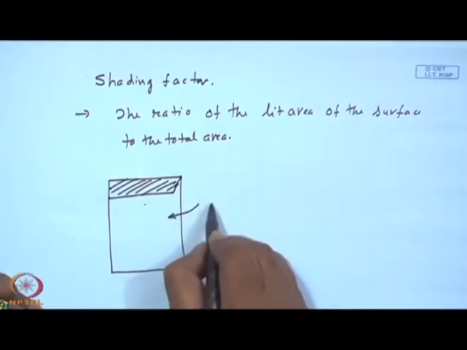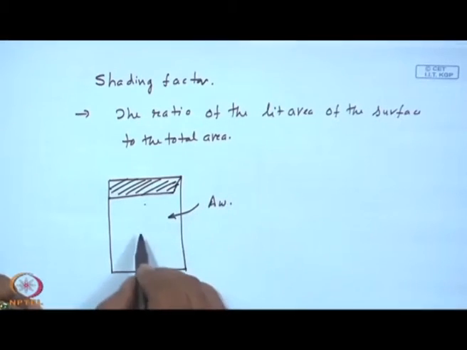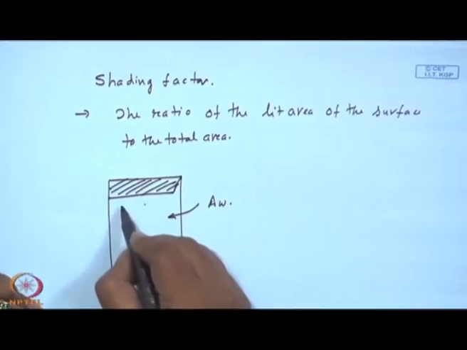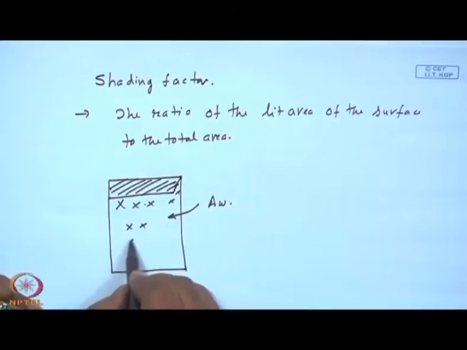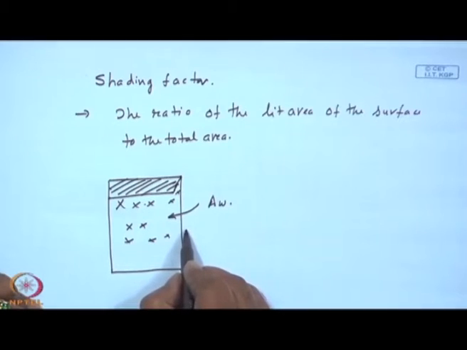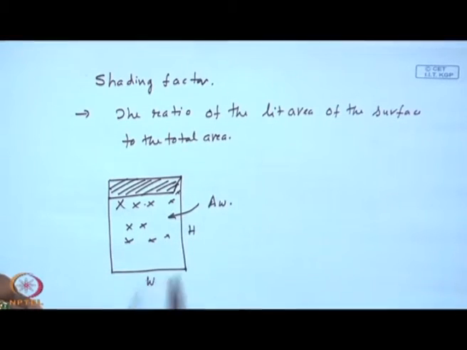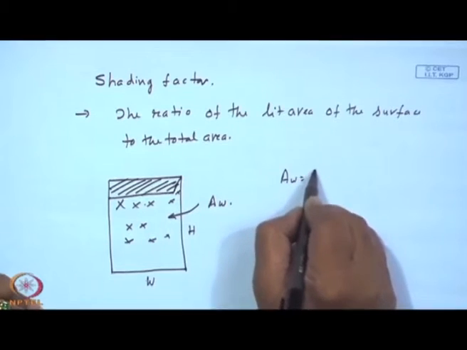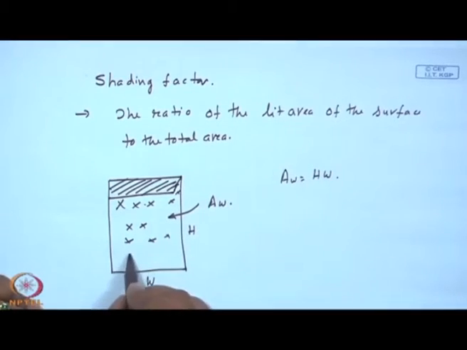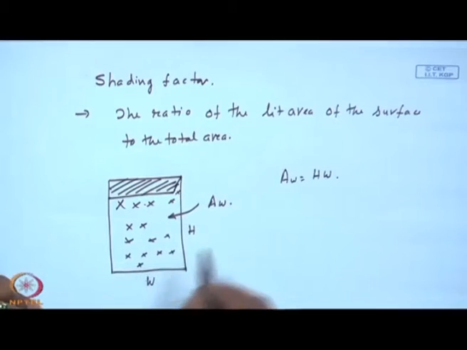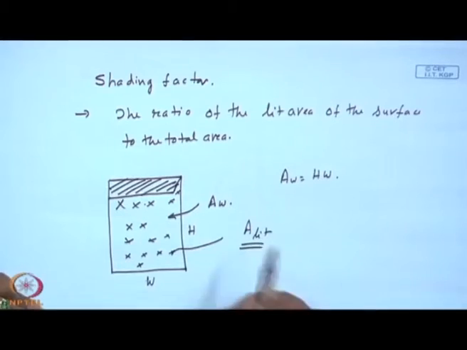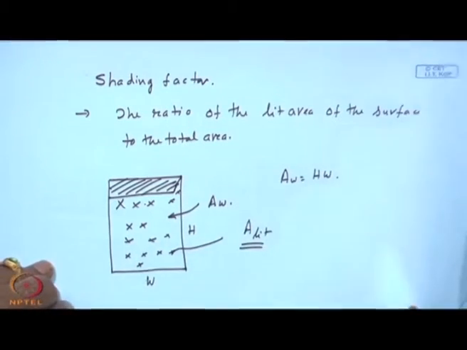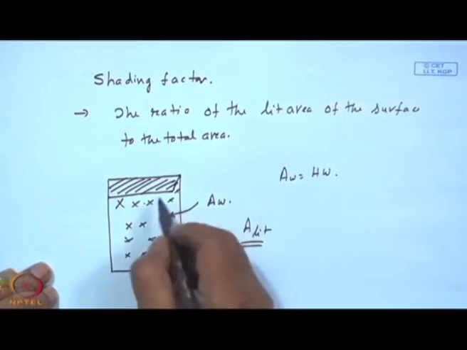So, the whole thing is AW, window area, and this is, let me see, okay. If you have got this, I do not know what notation I used, AW will be H into W, and this crossed area is the A lit. That means it is lighted to some extent and this part is shadowed.